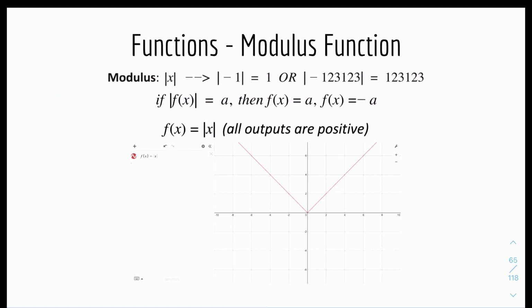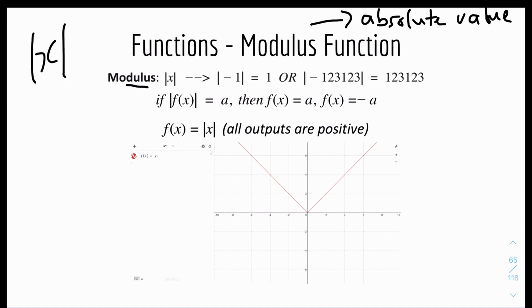And then we have modulus function. Modulus basically means the absolute function, the absolute value, and we'll look more into it later. Modulus is denoted like two straight lines with a number in the middle.